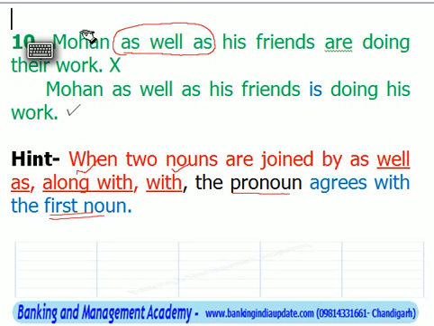In this sentence, only the first noun Mohan is important. The second noun friends is not important because the sentence is joined by as well as. So instead of using a plural verb, we use a singular verb. Mohan as well as his friends is doing his work.